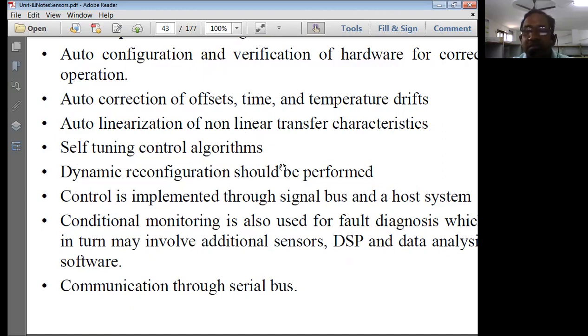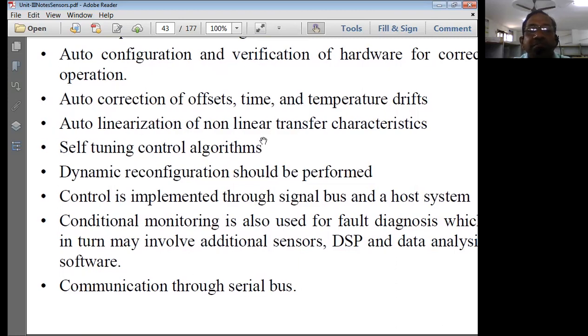Self-tuning control algorithms. Here the control algorithms also have to be tuned by themselves, self-tuned control systems. Based on the input conditions, the control system has to be tuned by itself. That is called self-tuning control systems. Say, for example, if you go with a simple feedback control system, and you go with a reconfigurable kind of system, then the system is going to get self-tuned based on the input signals.